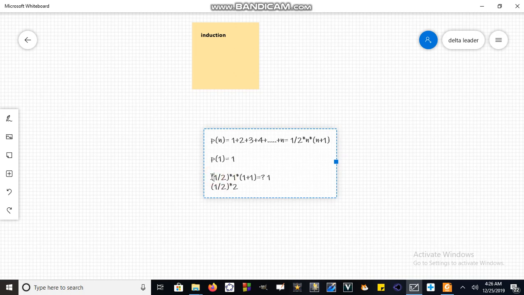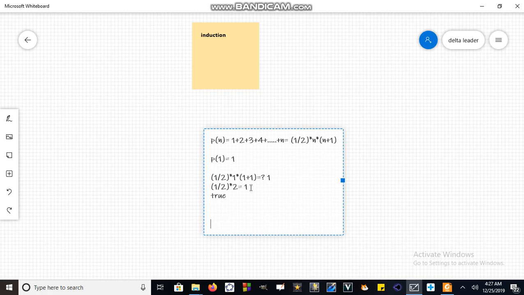We should be rigorous in the way we write our expression, for people to not be confused. So here, half times 2, and you see that it's equal to 1, so this is true. So this was the first step.